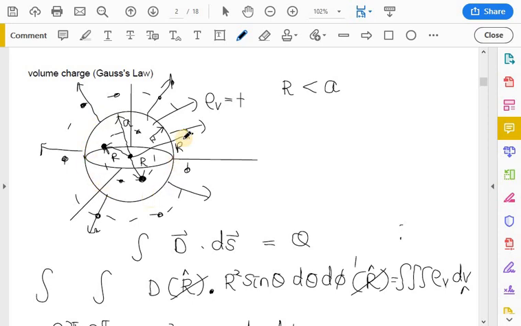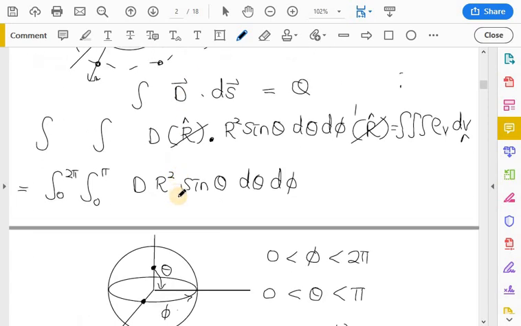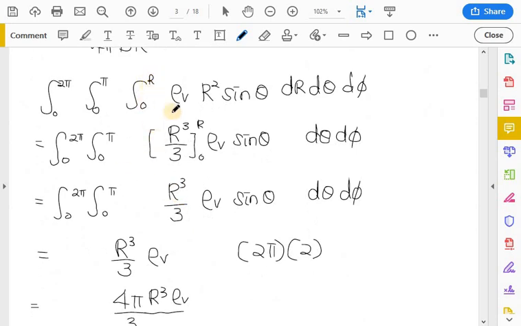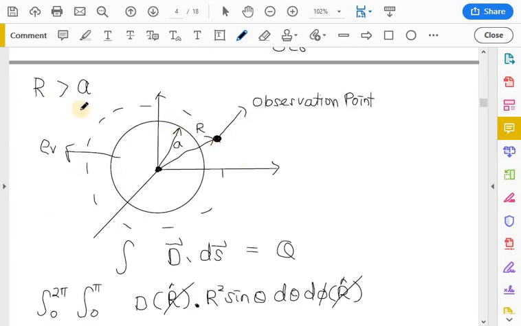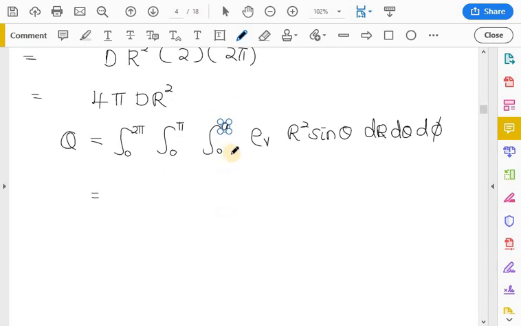But maximum, if you want to find the electric field outside, it can only extend up to A. It cannot go beyond A. That's why here we use R, and in the next case we use A. You clear? This one is very important, because you will get totally different equations. If you substitute from 0 to R here as well, you will get the same equation like just now. Here you get a different equation, so you can solve your integrations.